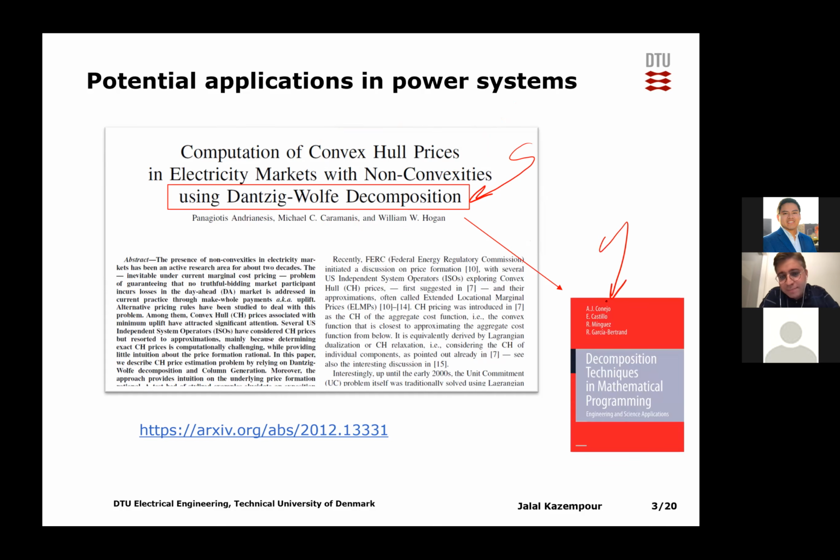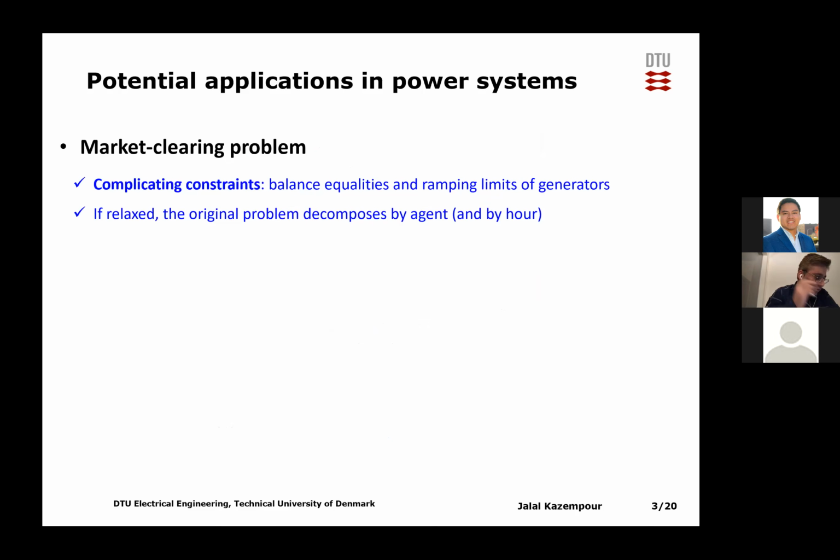There is a very well written book chapter in this book talking about Dantzig-Wolfe. You can read and learn about it. In this course, I'm not going to talk about it, but just for your information, it's also a very efficient technique sometimes when you have complicating constraints. Good. Let's get back to our own business.